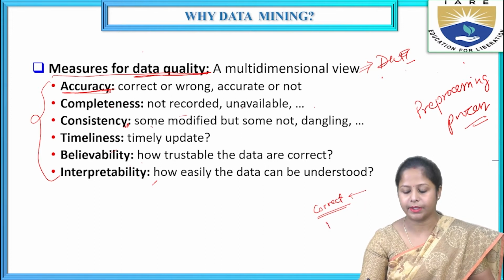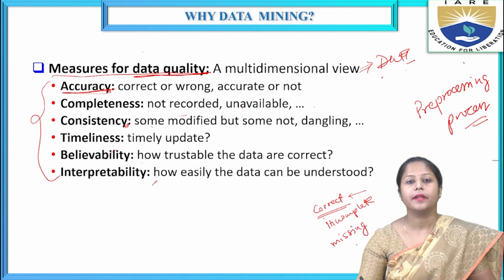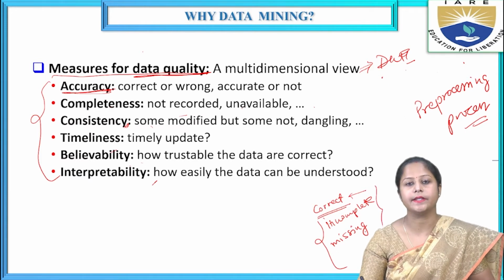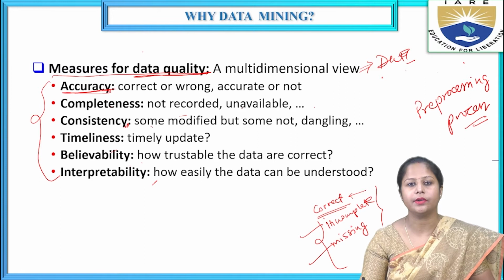There can be incomplete data, there can be missing data, there can be some incorrect data. So we will check these measures for the accuracy of the data, whether the data is accurate or not.